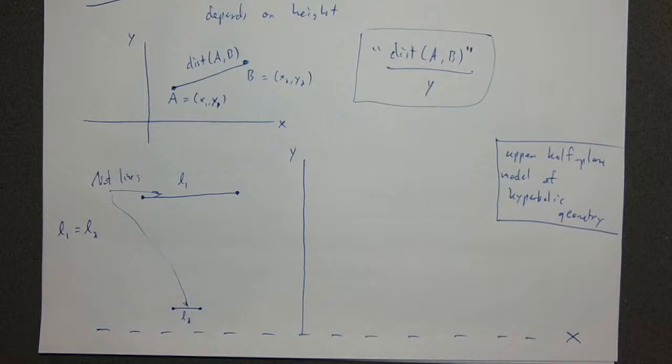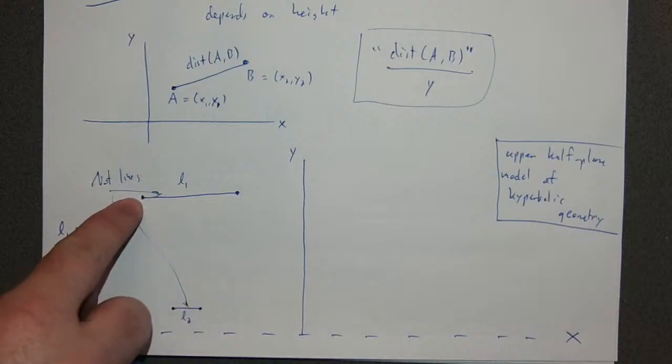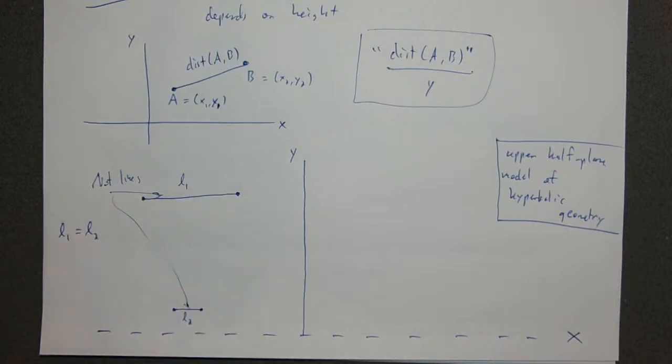A line, a geodesic as it's called, is, well, there's some complication here, but think of it as a length minimizing thing. The reason these are not lines is because they do not minimize the length, the distance, between these 2 points. They are not distance minimizing curves.